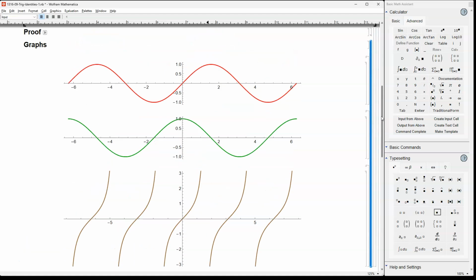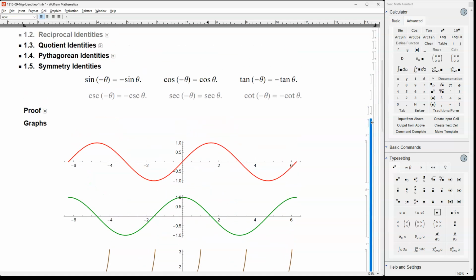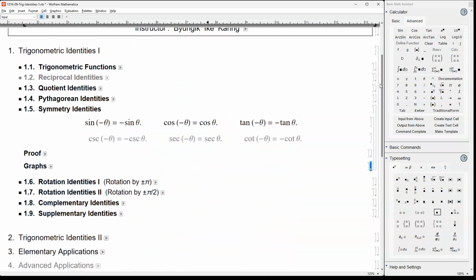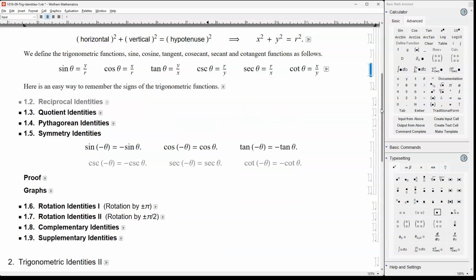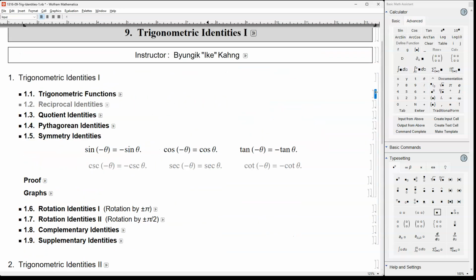You can see those behaviors from the graphs, but if you have to prove it, then just looking at the graph will not be sufficient. You have to go back to the definition of the trigonometric functions, which came from a circle, unit circle, or circle of radius r, which I prefer. Okay, let's go ahead and prove those.